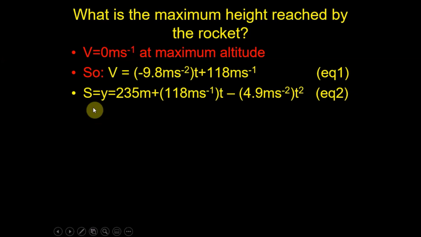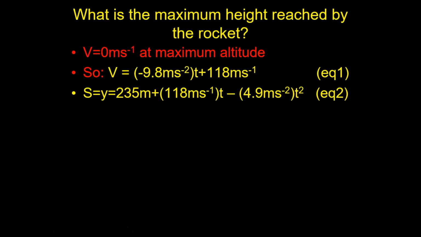Our displacement is going to be 235 meters, that is our altitude from part 1, plus 118 times t, so this is Vt, and this is half At squared. Why is it half? This is 4.9 meters per second squared. This is 9.8 divided by 2. Why are we using g here?